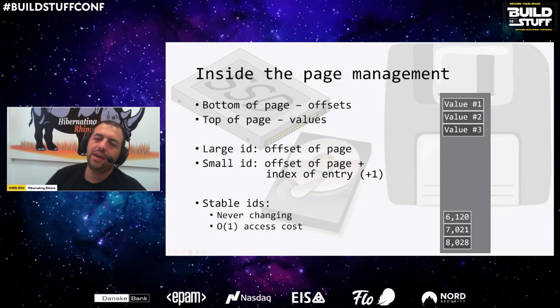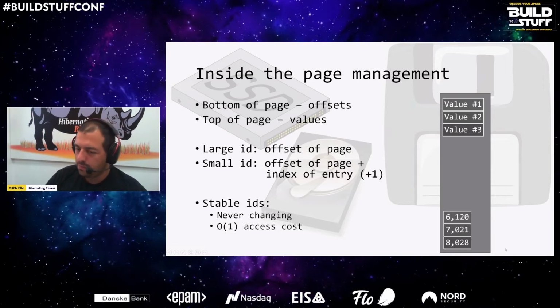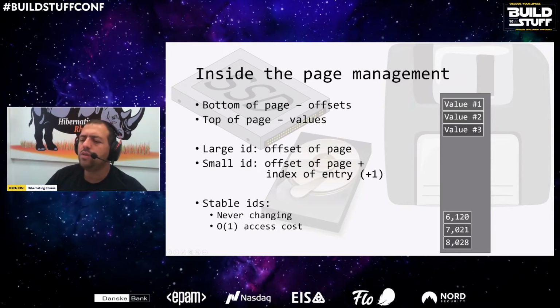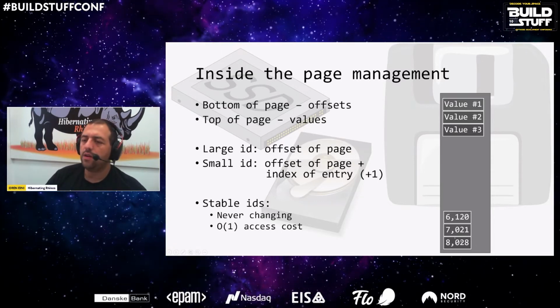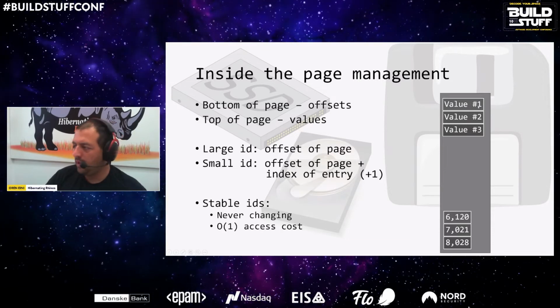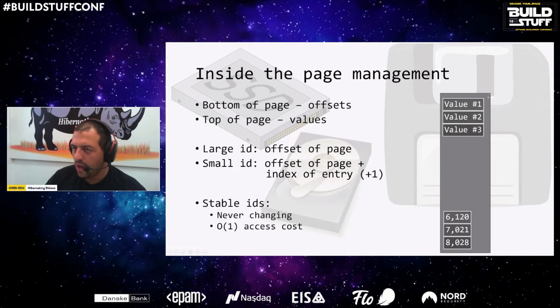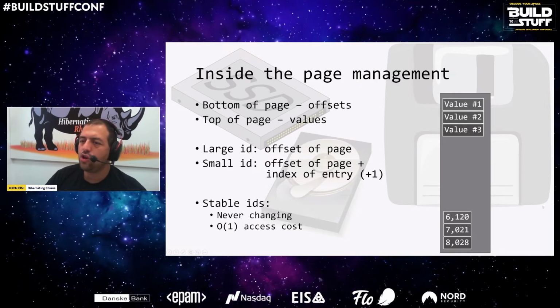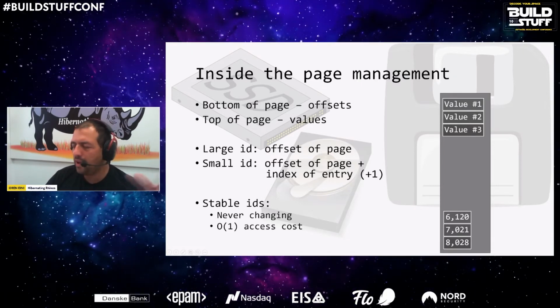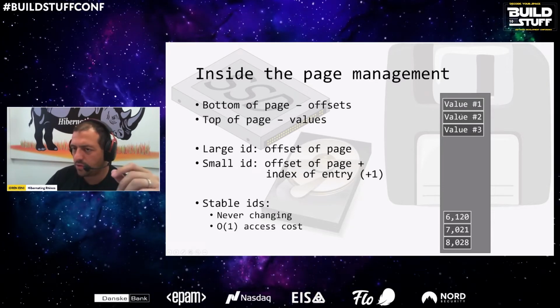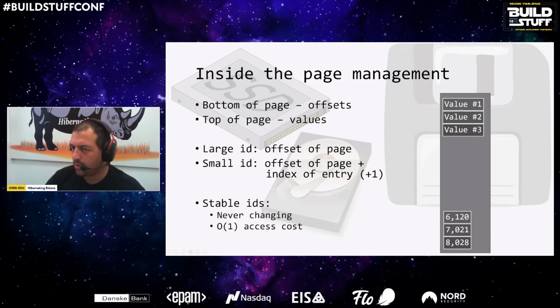If this ID points to the middle of the page, then I know this is an offset to the position of the value in the page. So this is a small ID, and then I can jump from here to here. Remember that just loading the page is a single unit, so jumping from here to here is a cheap operation.